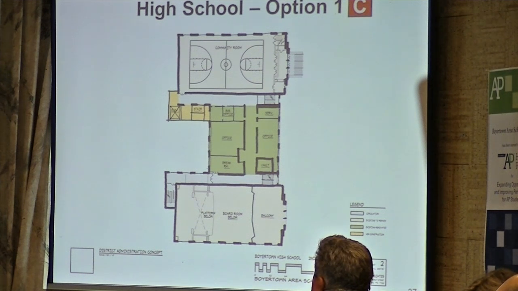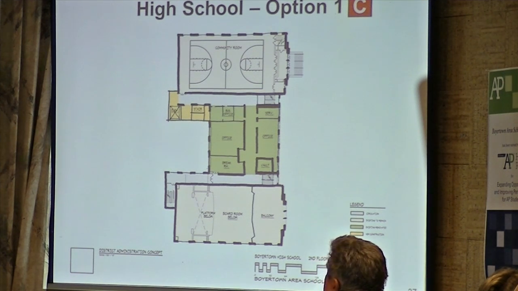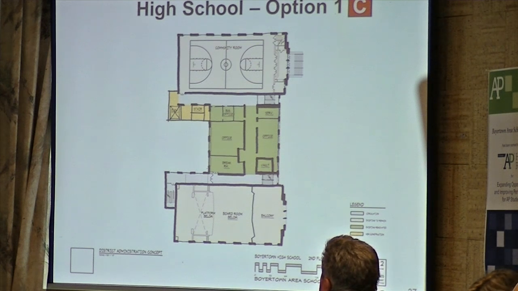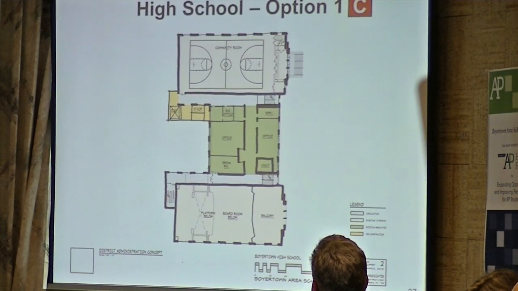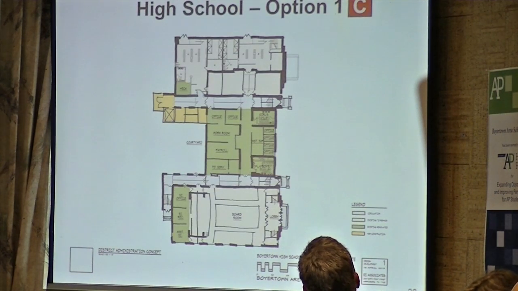The first floor of the existing building, including the gymnasium and the auditorium, would be 21,900 square feet. The second floor is 16,900 square feet, and the third floor is 6,650. So that's where the 45,500 square feet are coming up.